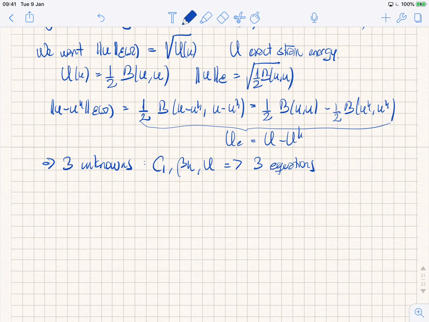log of U minus UH0 over U minus UH1, divided by the log of U minus UH1 divided by U minus UH2. Good.